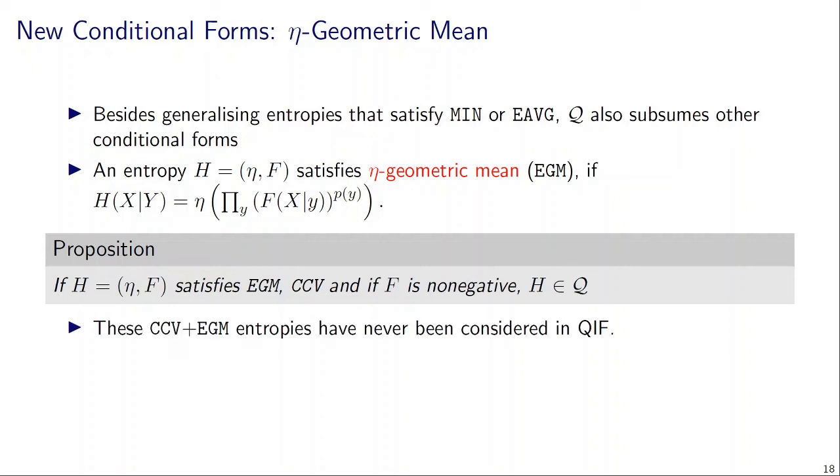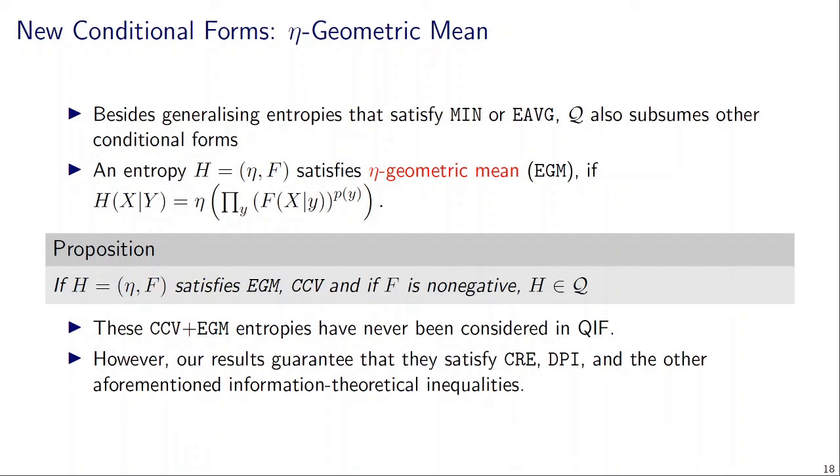Now, these core-concave and eta geometric mean entropies have never been considered in QIF. However, our results guarantee that they satisfy CRE, DPI, and all the other information theoretical inequalities that we presented before.